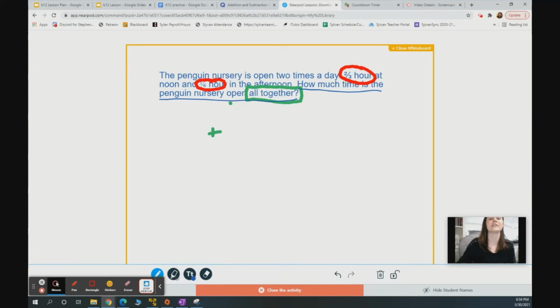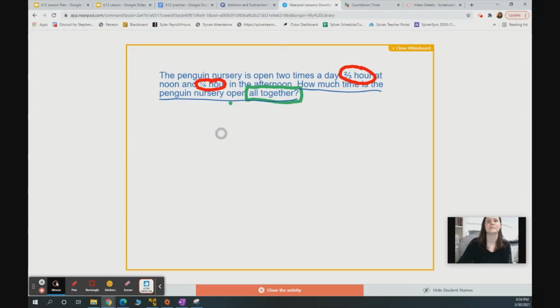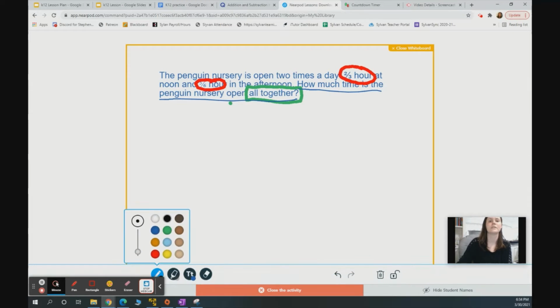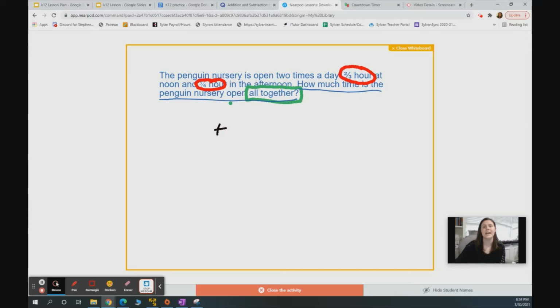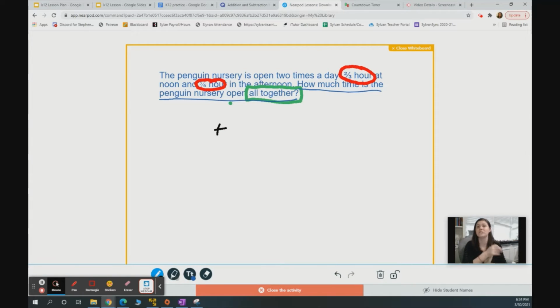So let me see if I can grab, let's do this a different color here. All right, so I'm going to do an addition problem. So I have altogether, so I'm going to add. All right, and it wants to know how much time.